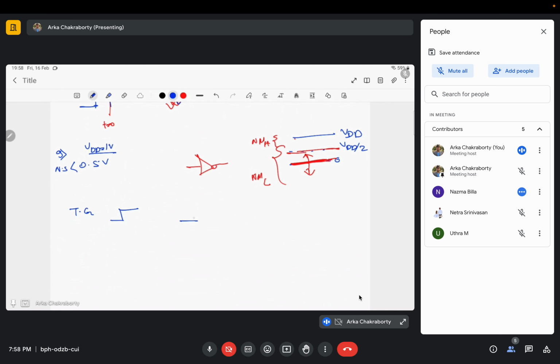Just let me draw a transmission gate for you. So there is a PMOS, there is an NMOS. Now tell me the input is something like this.